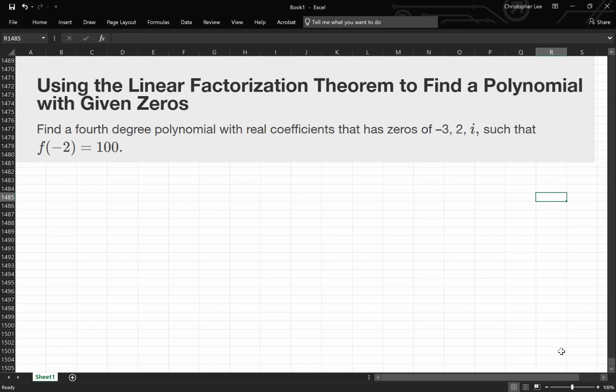So what do I know right now? I have a zero at -3, so I know that x plus 3 is a factor. I have a zero at 2, so I know that x minus 2 is a factor. And I have a zero at i. So what's that one going to be?